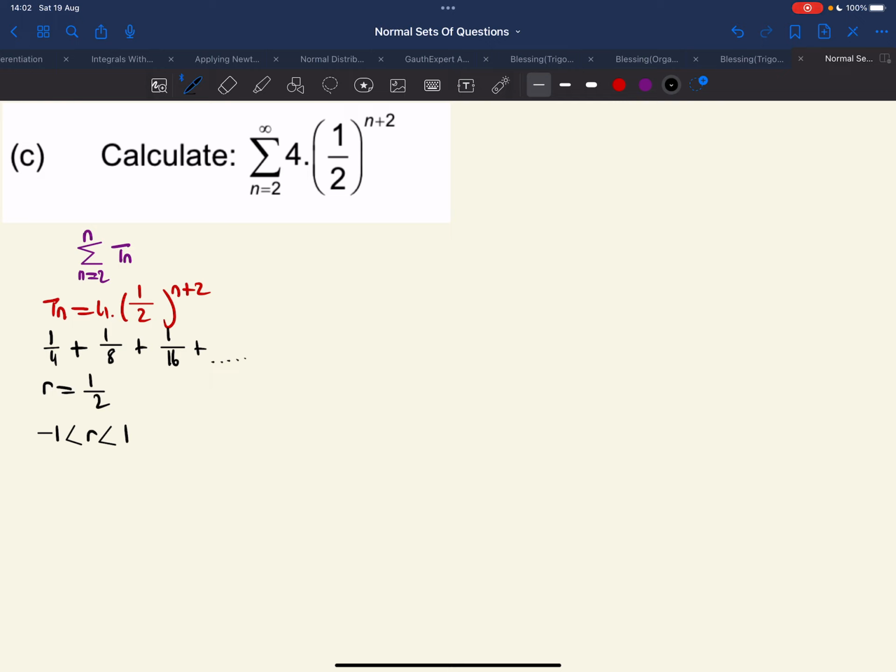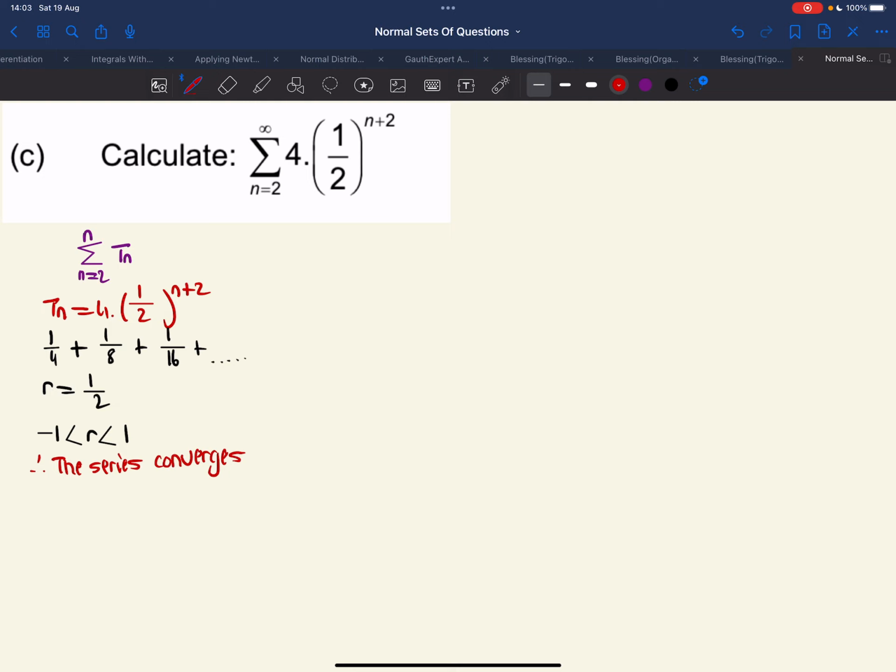And when you look at that half, can you see that it is between -1 and 1, because it's a half? So the series converges, right? Let me write it in a more beautiful way. Therefore the series converges.